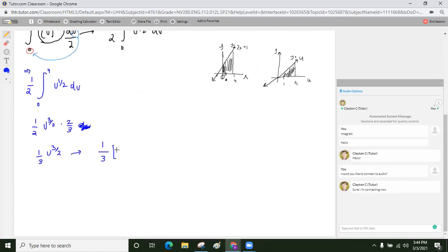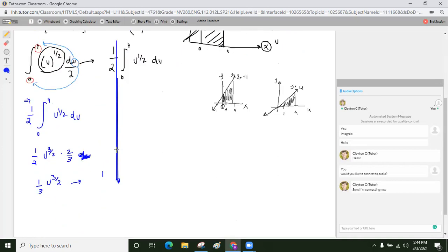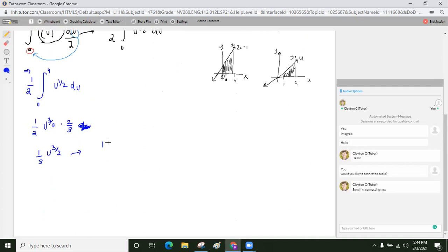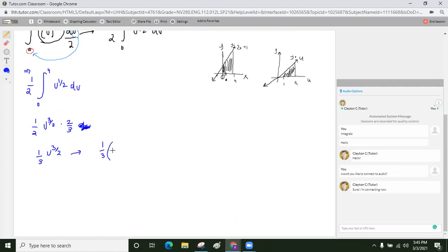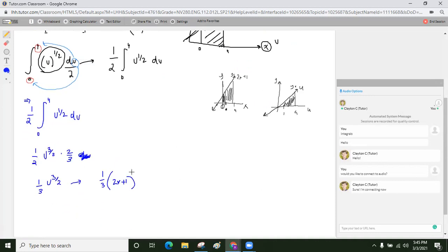So we would just plug in u at this point, I suppose. Right. So, plugging in the u values. Right. If not necessarily the x values, though. Sure. So 1 over 3, and then we would have u here as being 2x plus 1. And so I suppose now we can evaluate, I believe it was from 1 to 9.